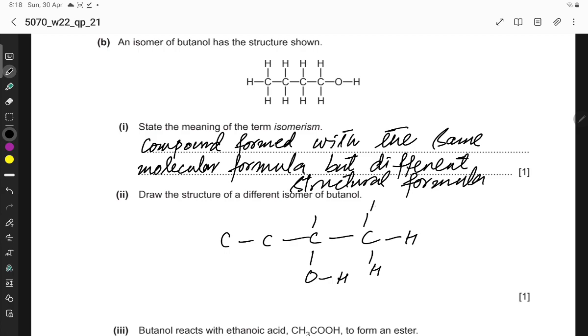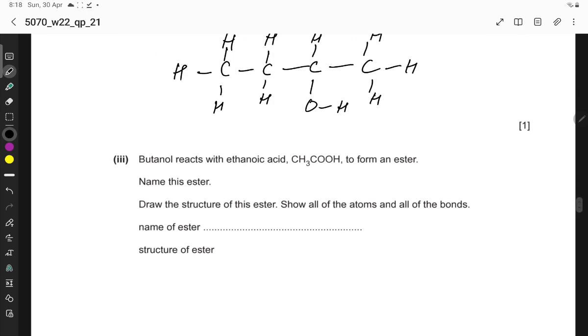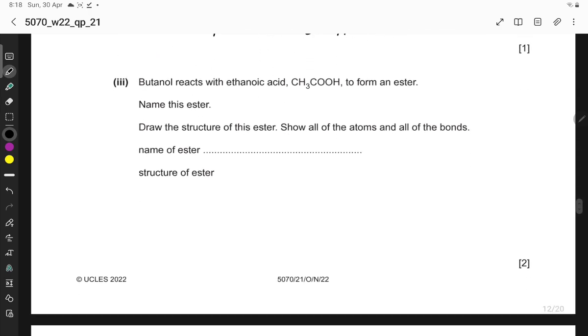This is butanol and this is butanol. Butanol reacts with ethanoic acid to form an ester.